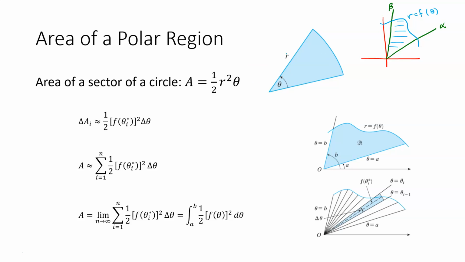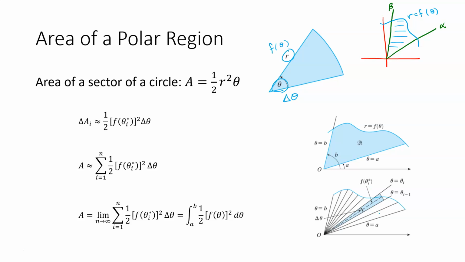Okay, where r would be f of theta for one side, and then the angle here would be some delta theta. And if we know that the area of the sector of a circle is 1/2 r squared theta, in this case it'll be 1/2 f of theta squared times delta theta to get the area of one of these sectors.